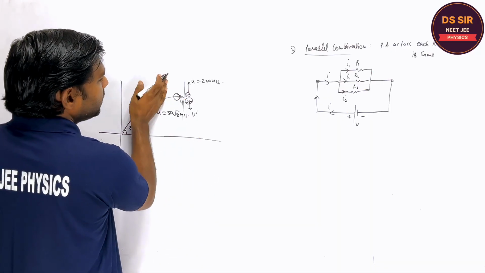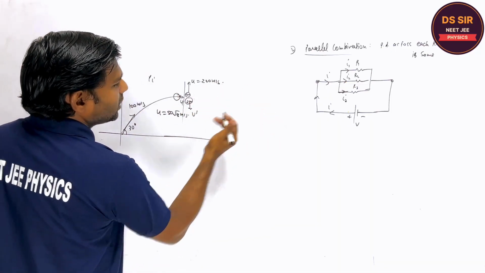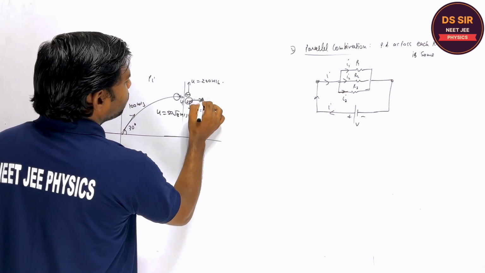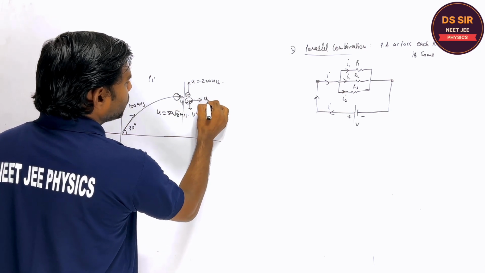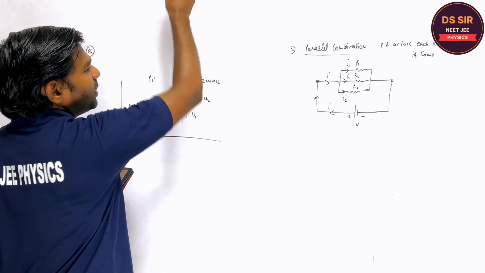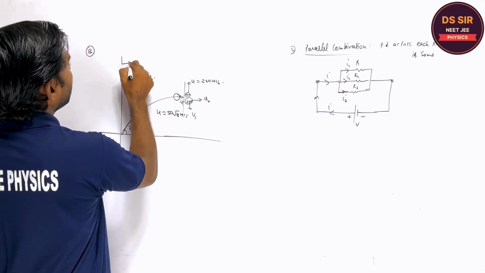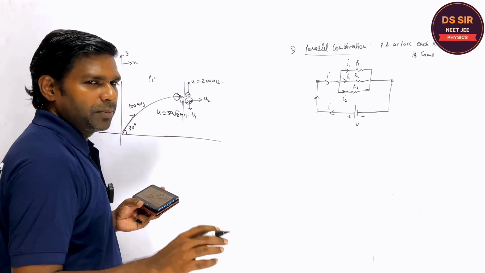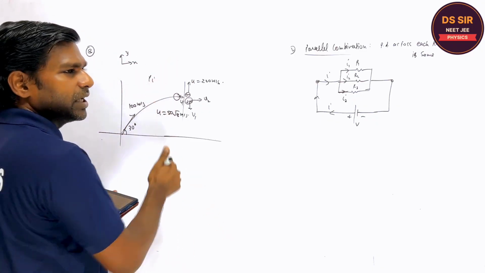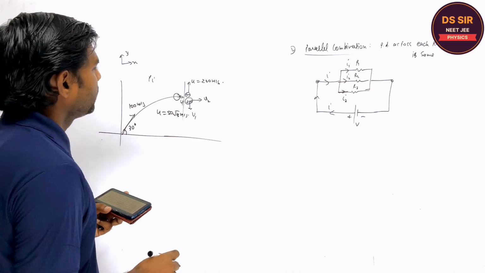This is the initial picture and this is the final picture. After exploding, this will be moving with v2, and I'm writing this one as v1. Although it is moving in the vertical direction, I will apply the conservation of momentum here in two directions, in the x axis and the y axis also, right?